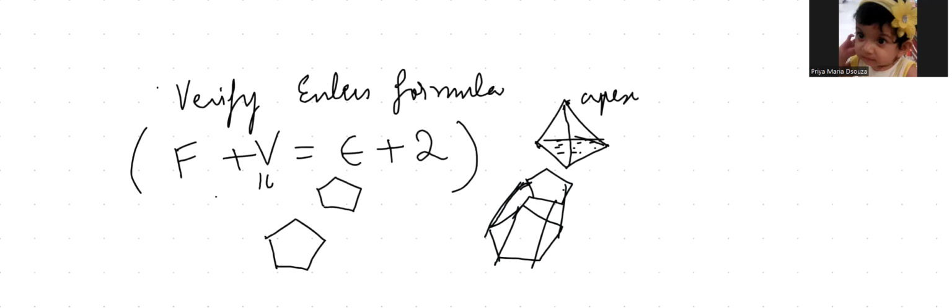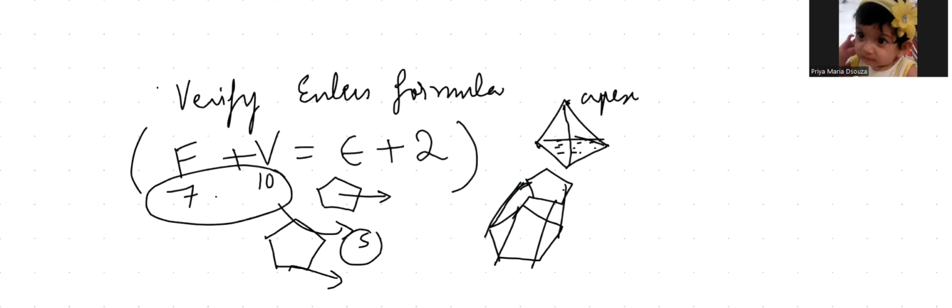Then how many faces? Now, if you see, along the lateral sides, you'll be having 5 rectangles. So 5, then 6, 7. So 7 faces, right? Because one top face and one bottom face, and laterally 5. On the left hand side, I'm getting 10 plus 7, which is 17. What about the number of edges?